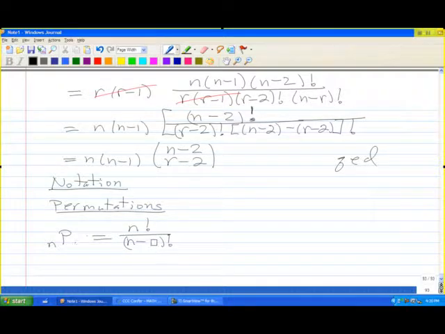Let me use k's rather than r's so that I'm sure that you don't confuse my n's and my r's. So nPk is n factorial over n minus k factorial. And for combinations, nCk is n factorial over k factorial n minus k factorial.